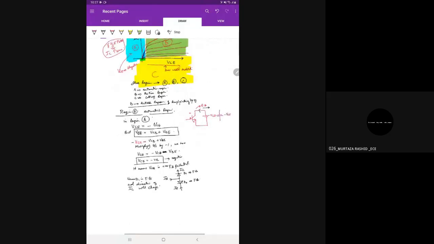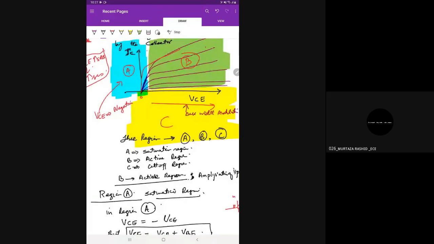You should also remember that sometimes it is given that in the saturation region, even if these curves are away from the IC axis, towards the right-hand side, it is also said that in the saturation region, VCE is very small. Okay, this is VCE.